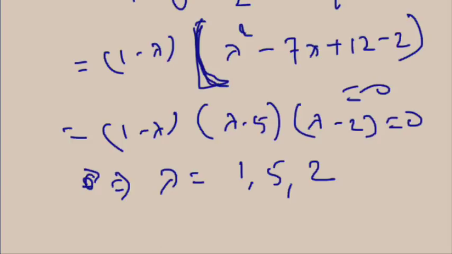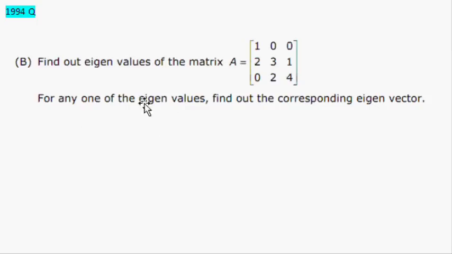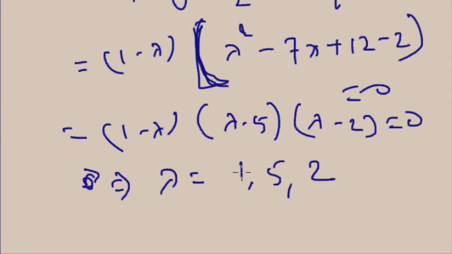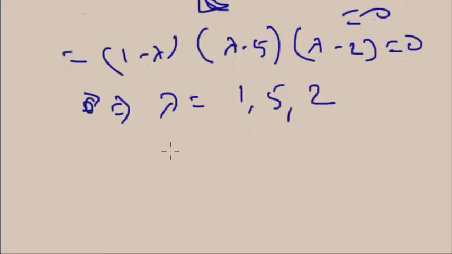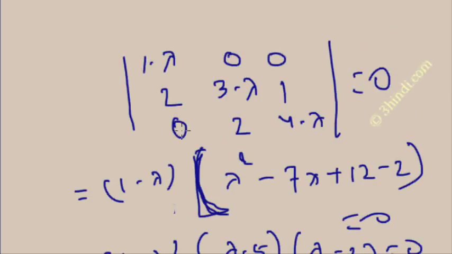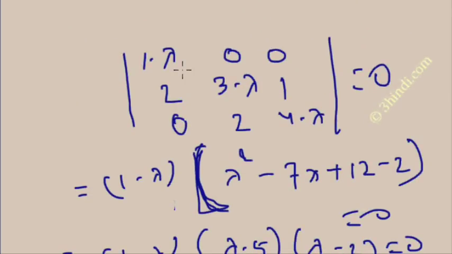The question asked is: for any one of the eigenvalues, find the corresponding eigenvectors. So I am choosing first lambda equal to 1, and I will find the eigenvectors for the corresponding matrix. I will put in this 1.